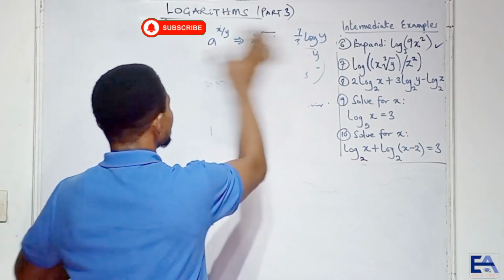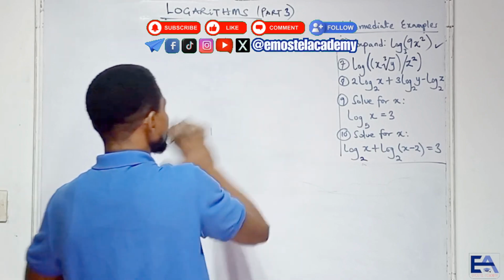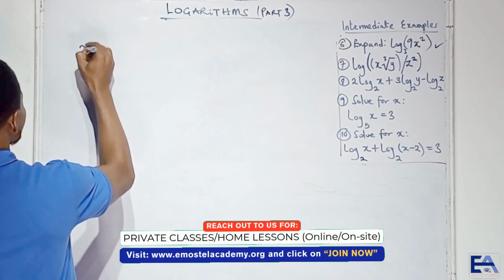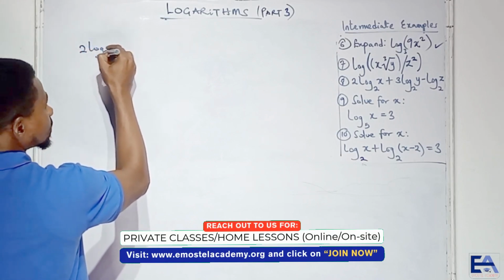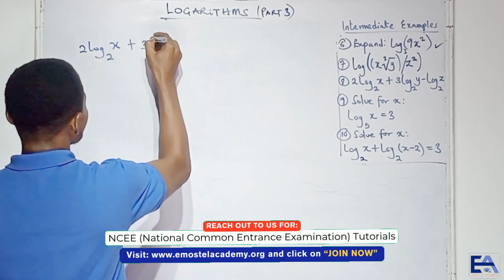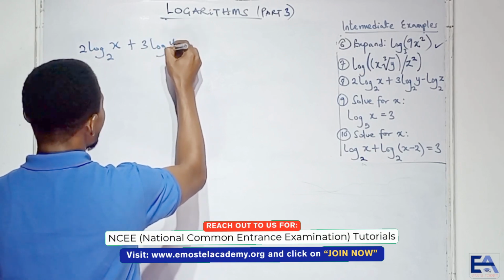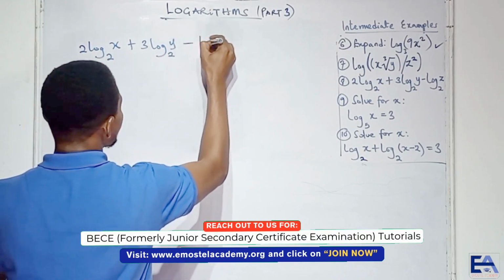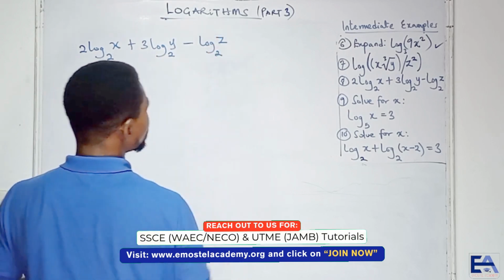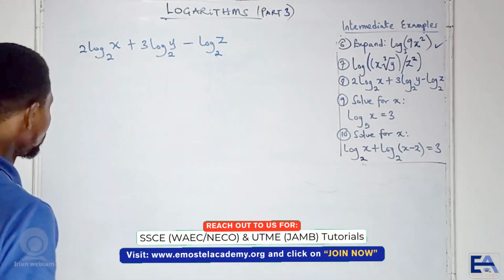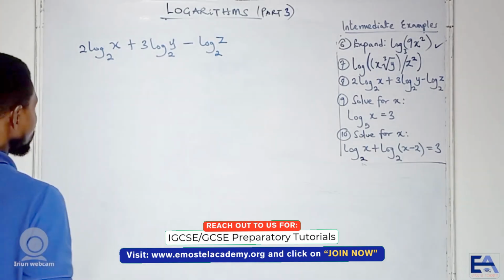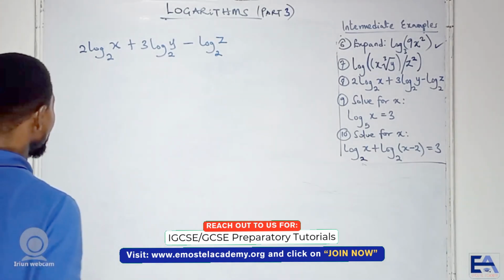Okay, the 8th question says 2 log x base 2 plus 3 log y to base 2 minus log z to base 2. Okay, so the question just wants us to break it down, to simplify it, no problem.